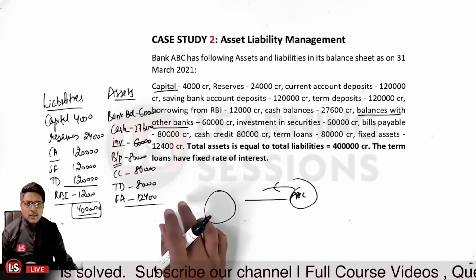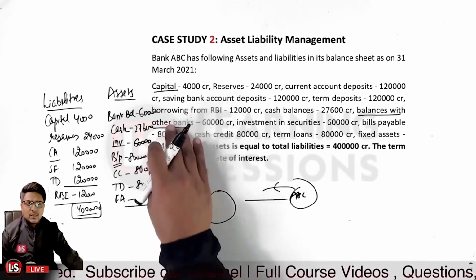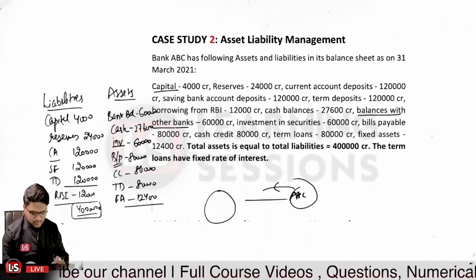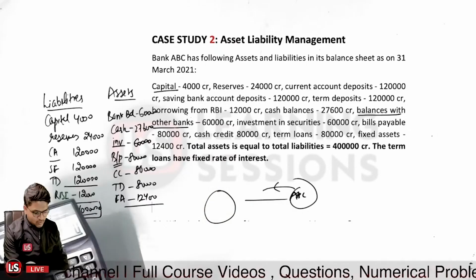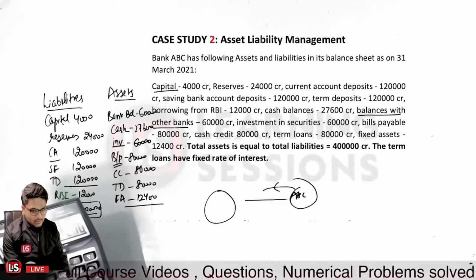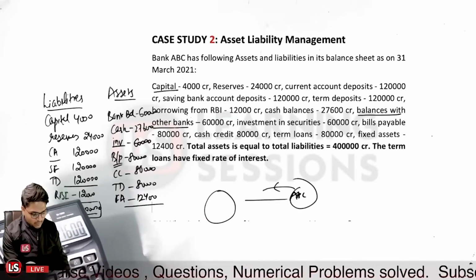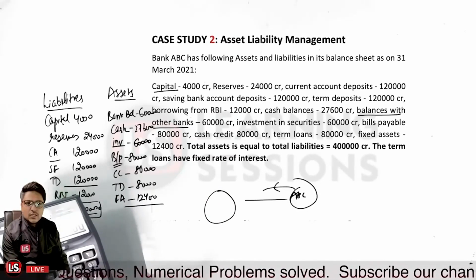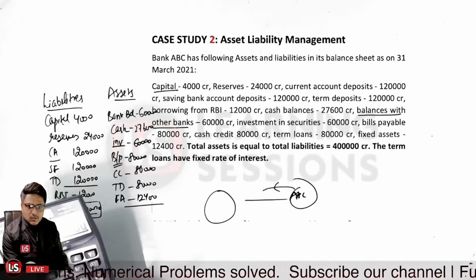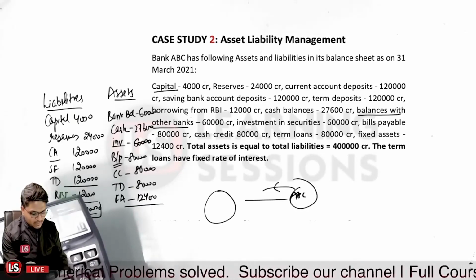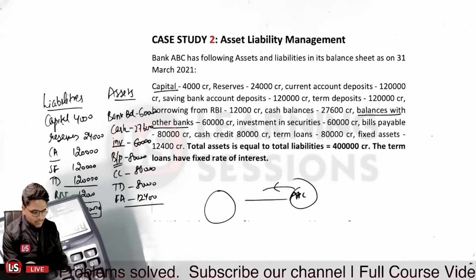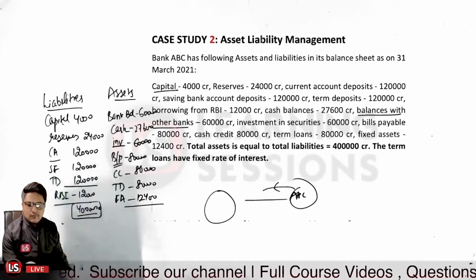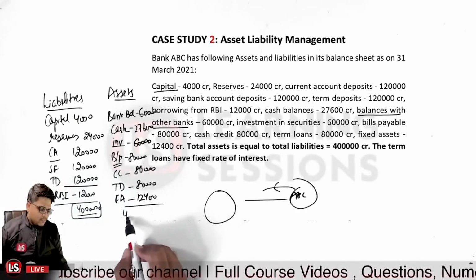Then further it is related to bank deposits, balances with other banks, that is 60,000 plus 27,600, plus investments that you are having 60,000, and further for the bills payable 80,000, and then it is 80,000 again, that is 1,60,000, and the last one is fixed assets, that is 12,400. That makes it 4 lakh crores.